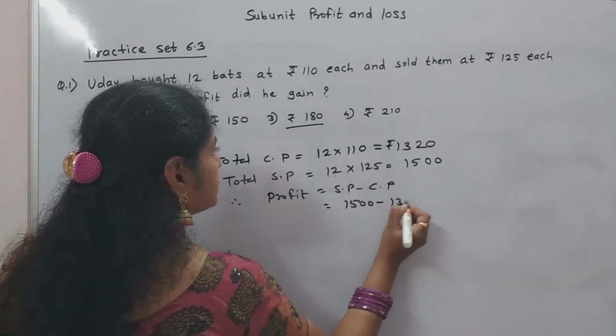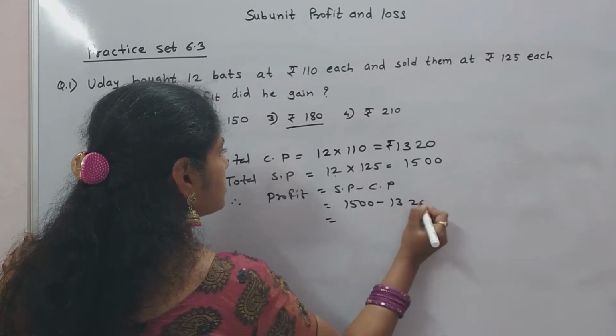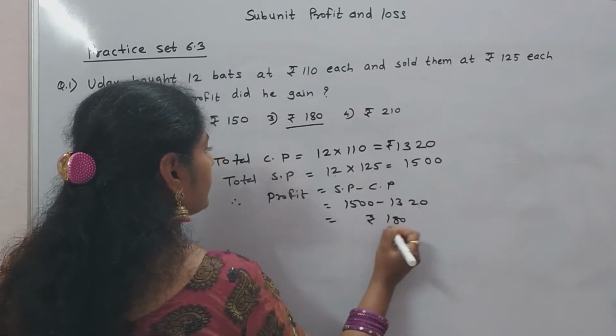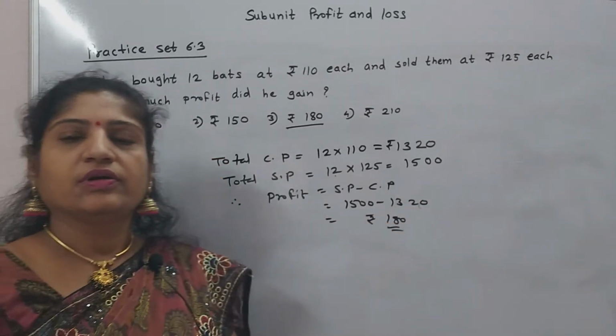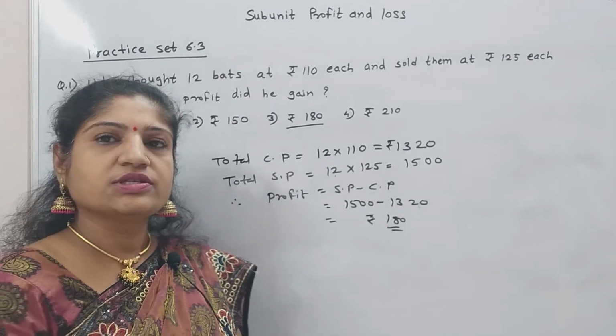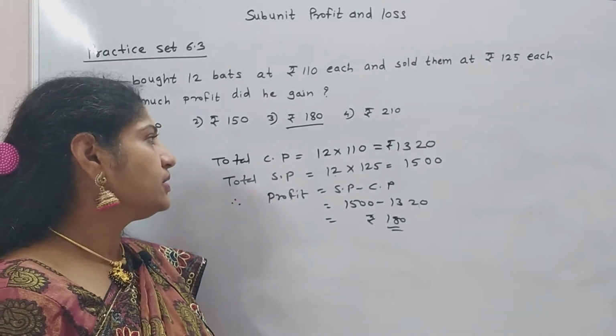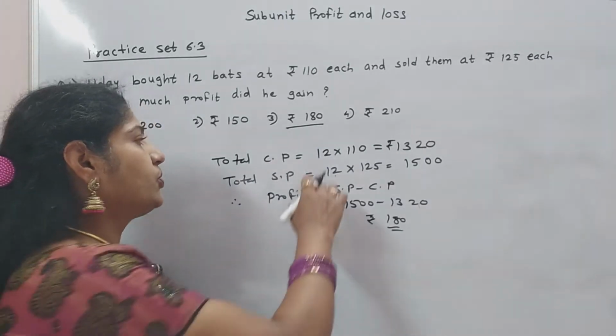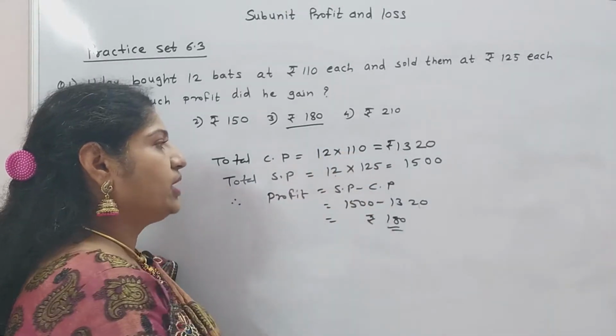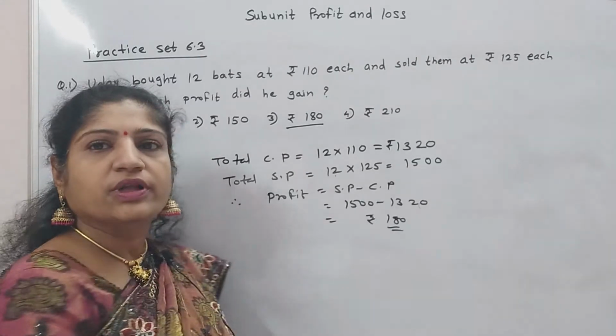The answer is 180. This is the other method: take the selling price of 12 bats, the cost price of the 12 bats, and the profit from the 12 bats.